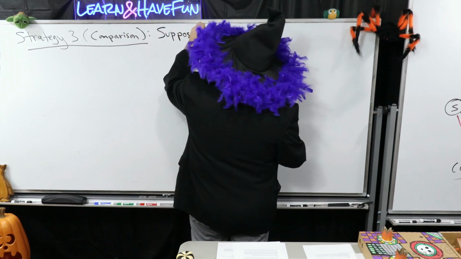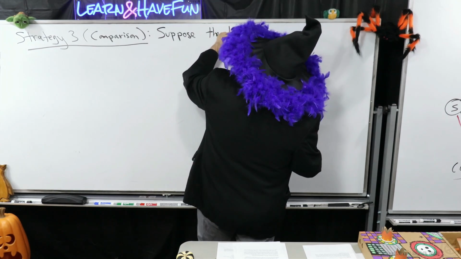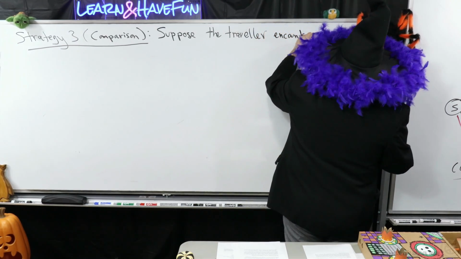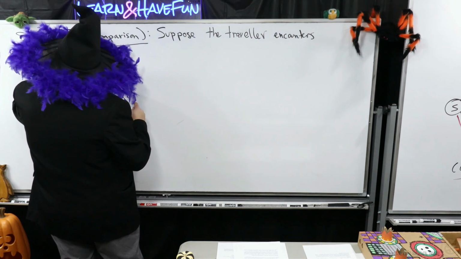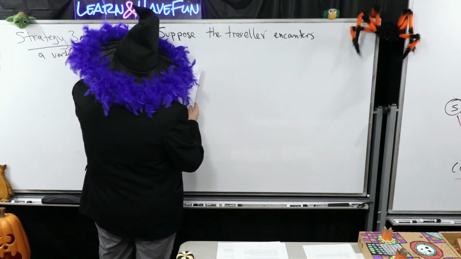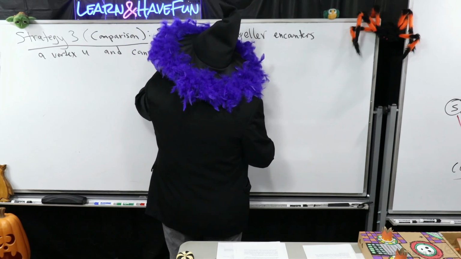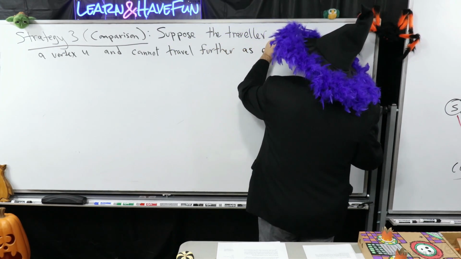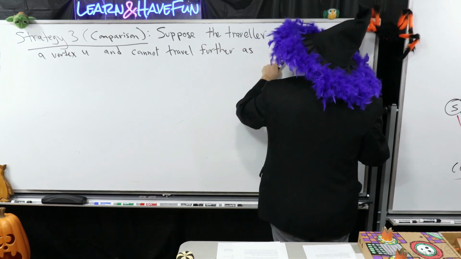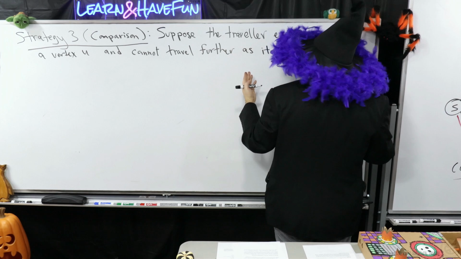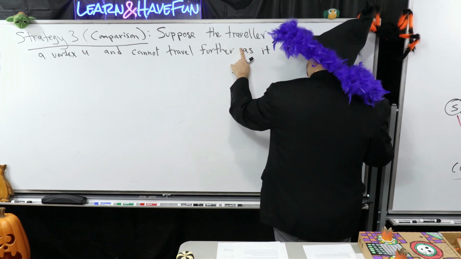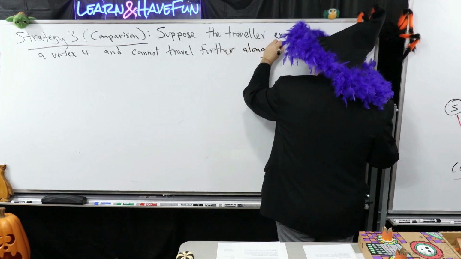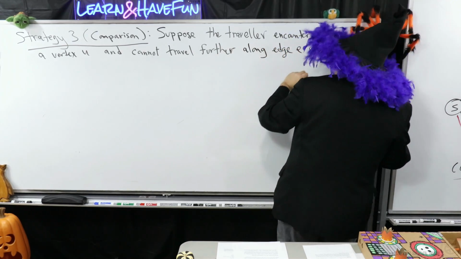So suppose the traveler encounters a vertex U and cannot travel further along edge E as it has a trap.